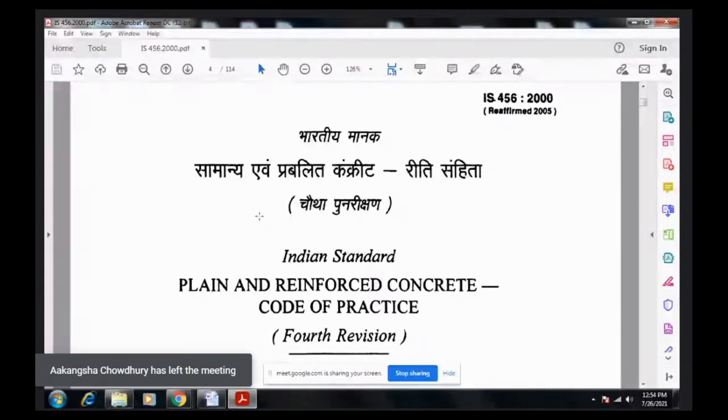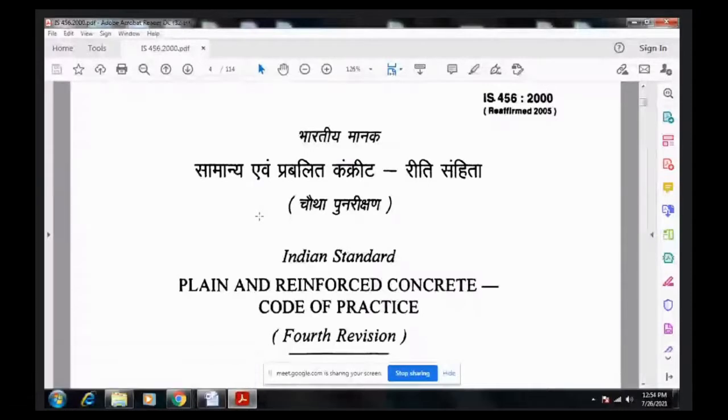You can even go for British code. You can go for German code, national code. There are many things. Okay.